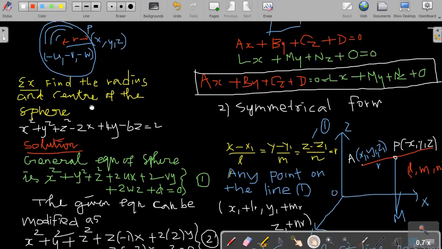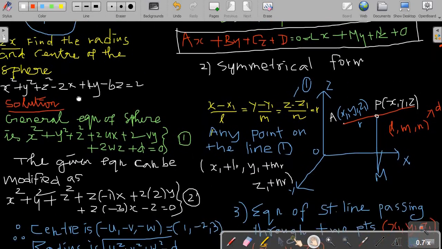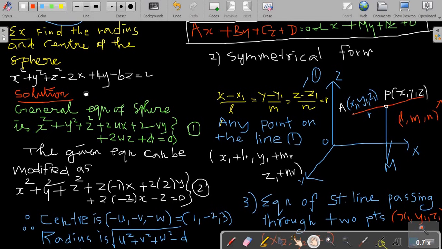In order to bring out that radius and center, I have written the given equation like this. Now if we write it like this, we can say what u, v, w are. Am I correct? If the general equation is 1, then the center is minus u, minus v, minus w. But in this particular case, in place of u we have minus 1, in place of v we have 2, and in place of w we have minus 3.